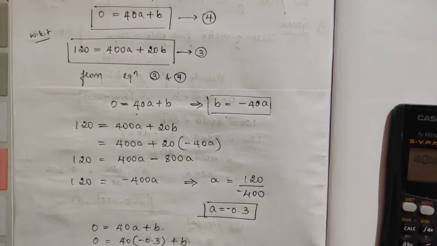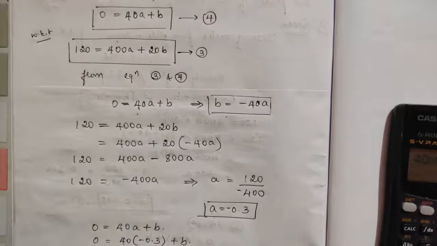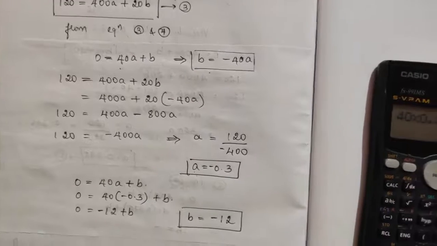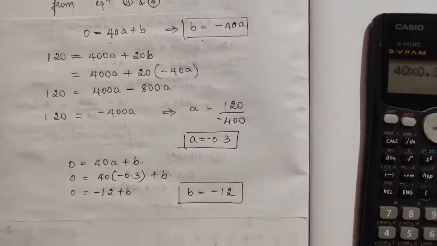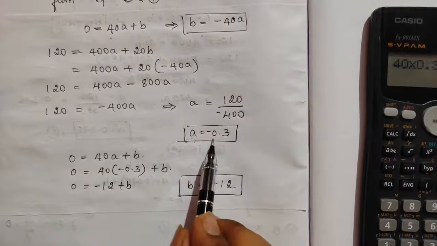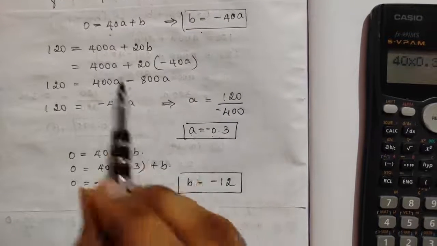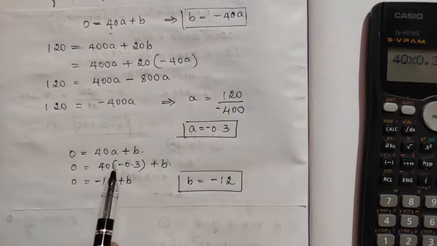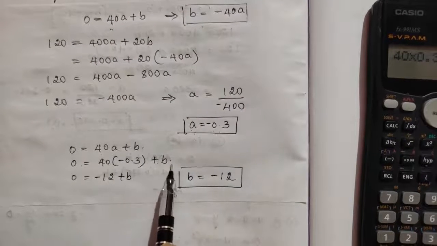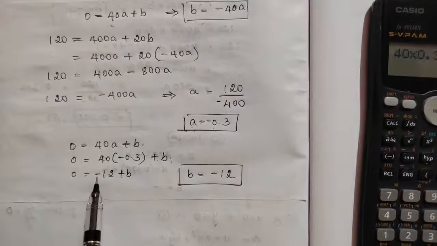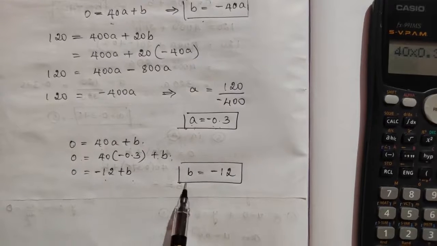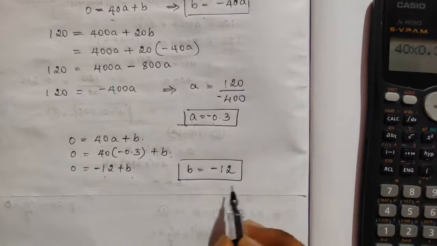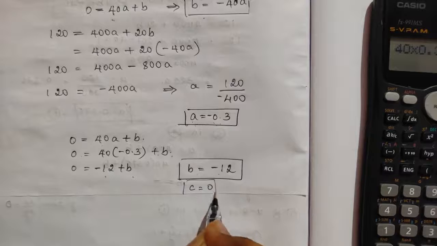So the value of b will be 12. Sorry, I was looking at the camera. So a is equal to minus 0.3. So this a I'll substitute in 0 is equal to 40a plus b. 0 is equal to 40 into minus 0.3 plus b. So 4 threes is 12, minus 12 plus b, so b is equal to 12. So I got the value of a, b, and also c is 0.